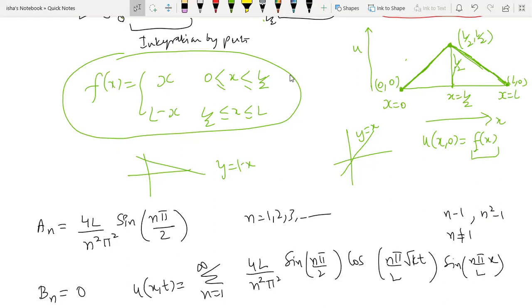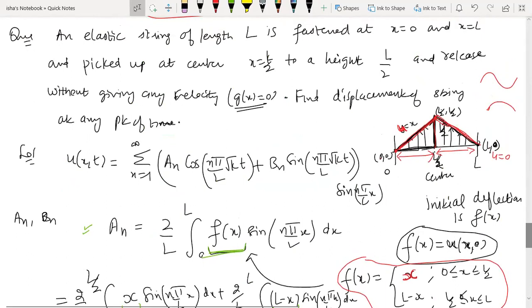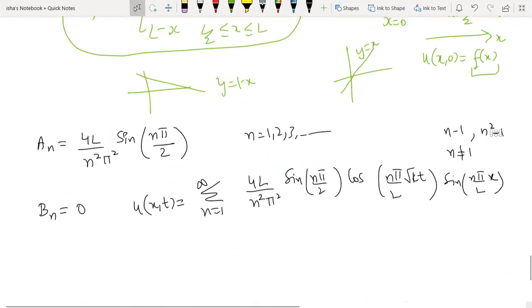So this part is coming from double star, which is our solution. It contained two terms basically: an into cosine term plus bn into sine term. Bn is 0, so this term is not coming. So it's an into cosine term into, this was the common multiplication, sine n pi by l x. So we just substituted the value of an and that gives us the final solution. So this completes this particular question.